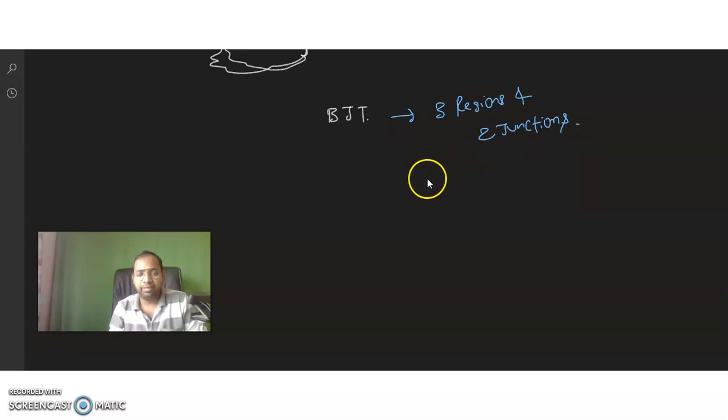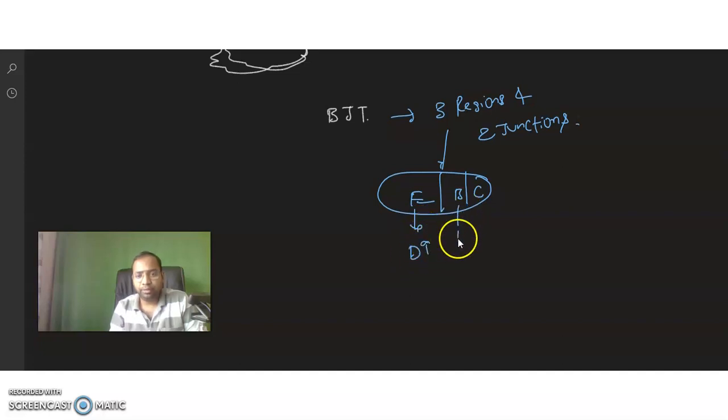Those 3 regions are emitter, base and collector, and the 2 junctions are the emitter junction as well as the collector junction. So coming to the doping profile, the emitter is highly doped, the base is very lightly doped, and the collector is moderately doped. Okay, the doping profile will be like this.